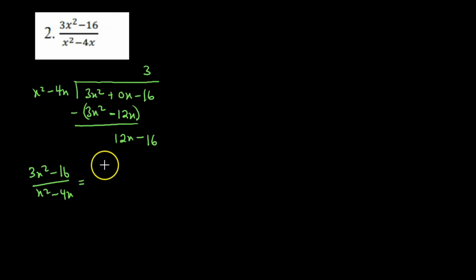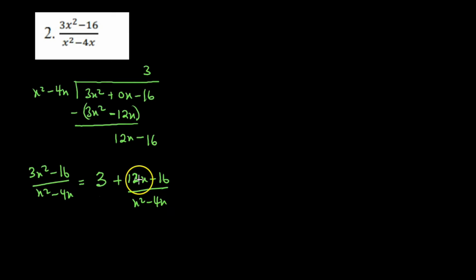The first factor, the denominator actually went into 3x squared minus 16 3 times. Then plus the remainder was 12x minus 16 all on the divisor, which is x squared minus 4x. So one of the partial fractions for this rational function is 3.